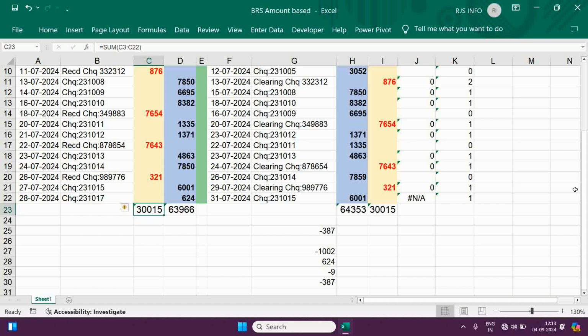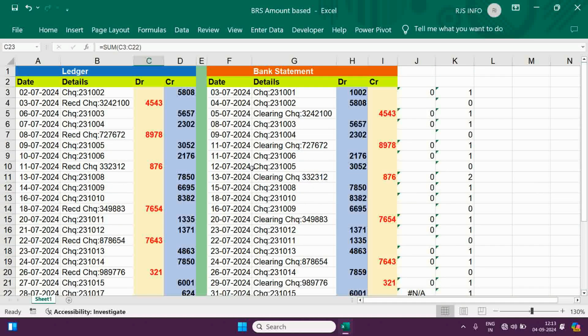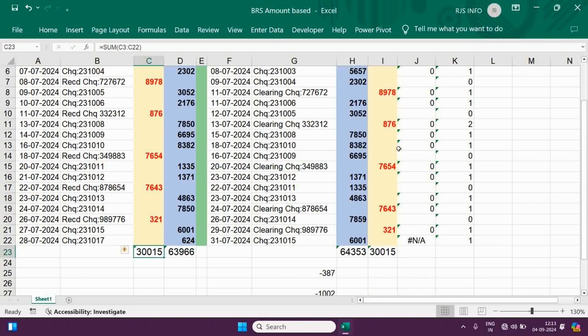If last month's check is not cleared, then it will be reflected in this month. If any bank charges are there, then we have to pass the entries in the ledger so that the balance is reduced to that extent. If it is bank charges of 100 rupees, then we have to reduce it in the ledger so that it will match.